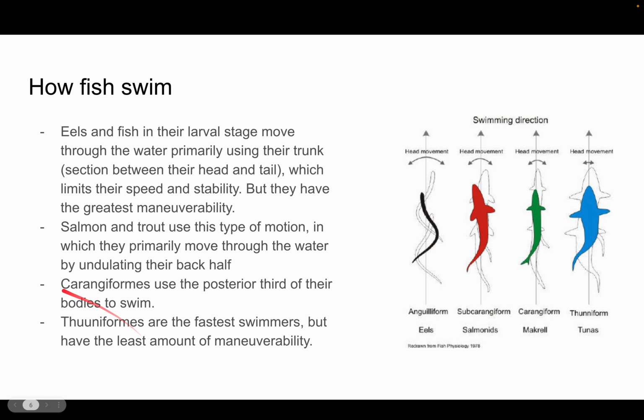There's the subcarangiforms, and then there's carangiforms. They use the posterior third of their bodies to swim, like mackerel here. Thunniforms are the fastest swimmers, but have the least amount of maneuverability. So when they turn, it's pretty bad. Like it takes a lot more for them to turn than it would, let's say, an eel, right?